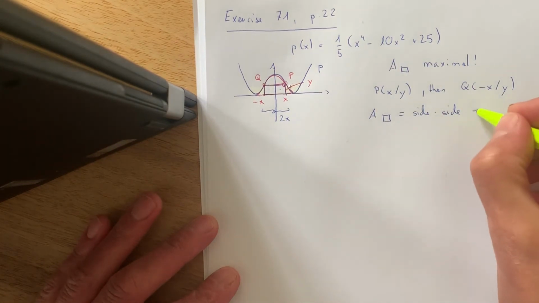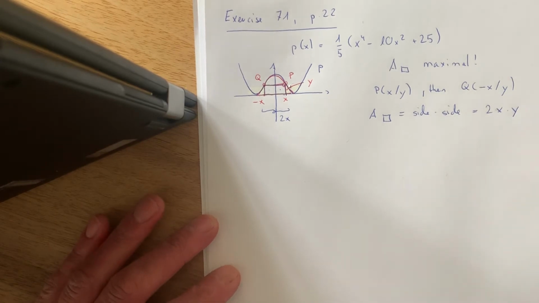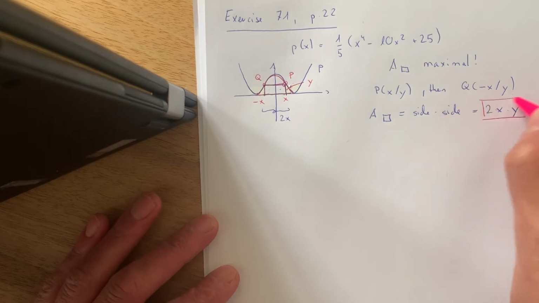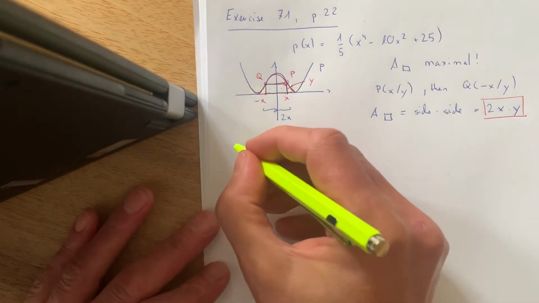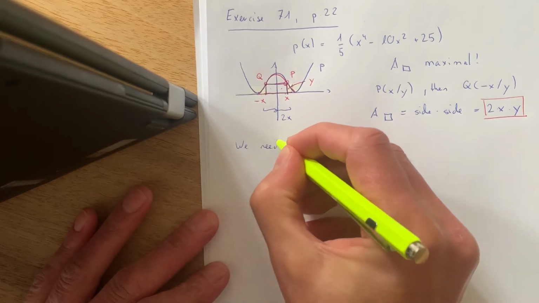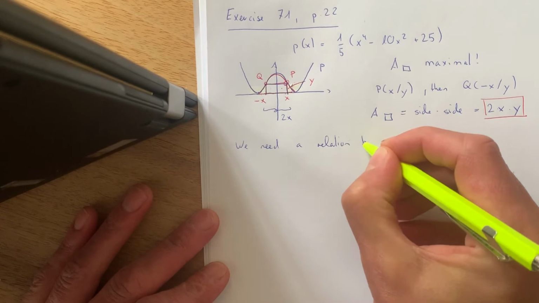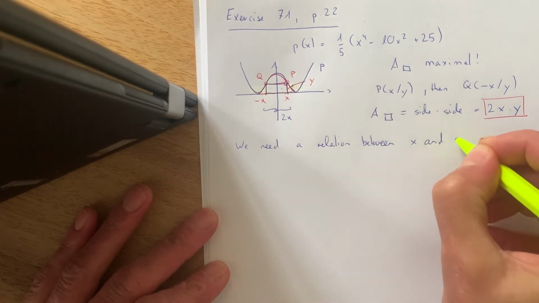So the rectangle has area 2 times x times y. And the good thing here, this is already my optimization equation. The only thing left to find is, as usual, a relation between x and y.